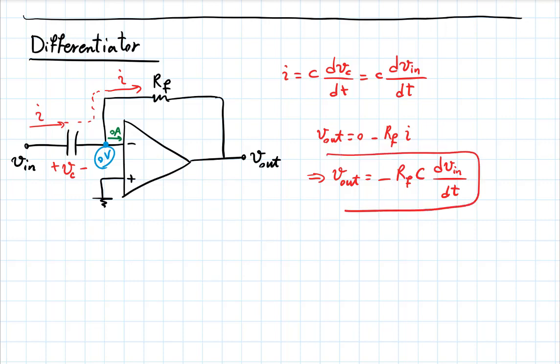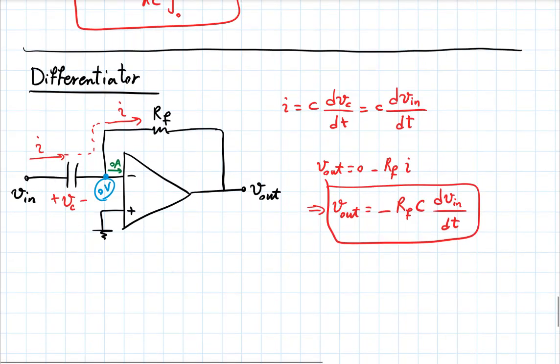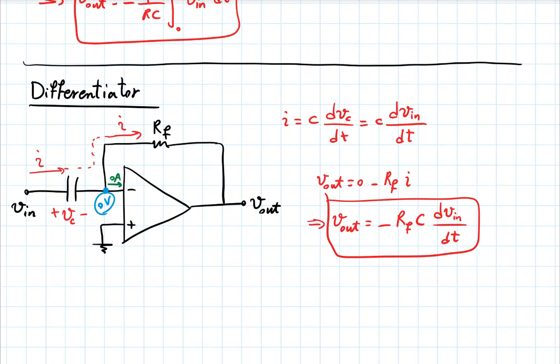So whatever signal you have at the input, at the output you will get a signal that's the derivative of that, time derivative with some scaling factor.